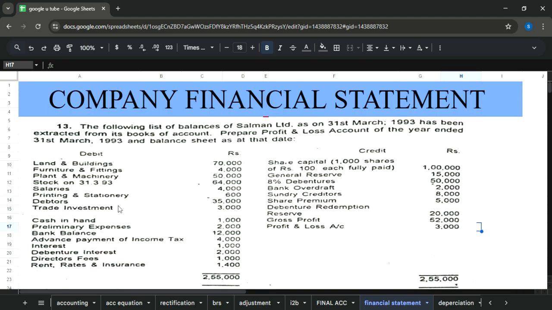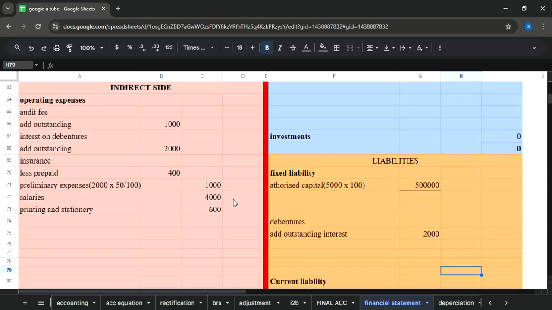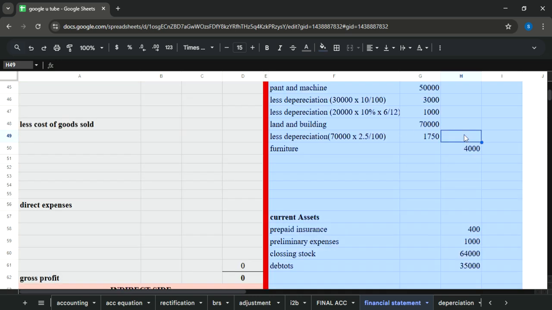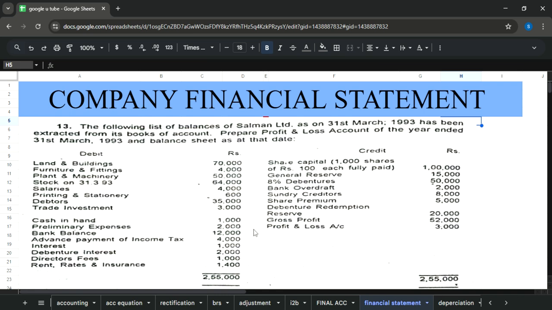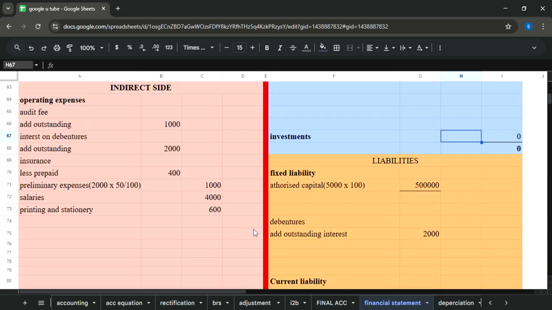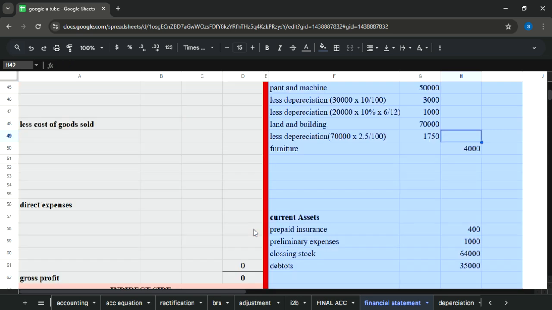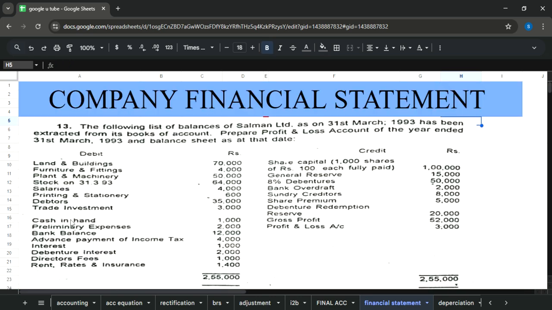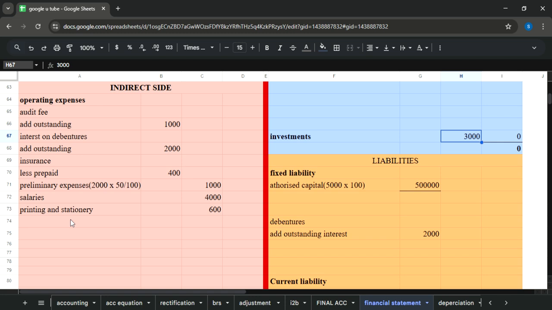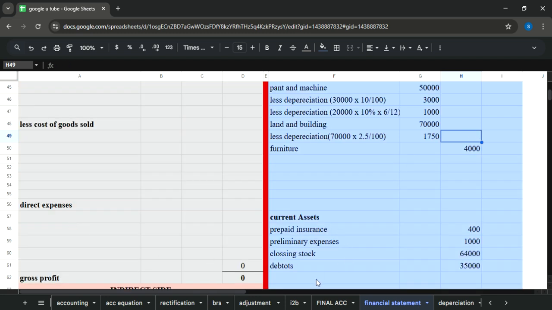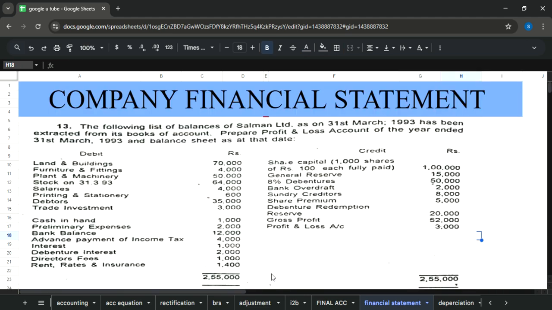Then we have trade investment. We have already a proper place reserved for investments. Here you will mention an amount of investment is 3,000. Write down 3,000 in asset side. Okay guys, after investment we have cash in hand, current asset. Over here you will mention cash in hand, and its amount is 1,000.